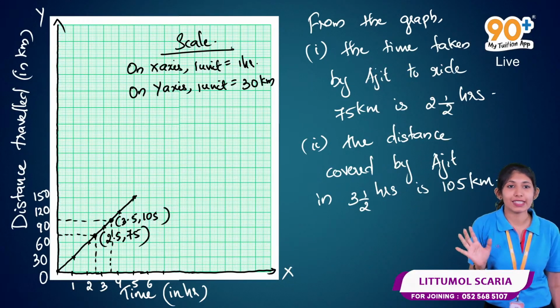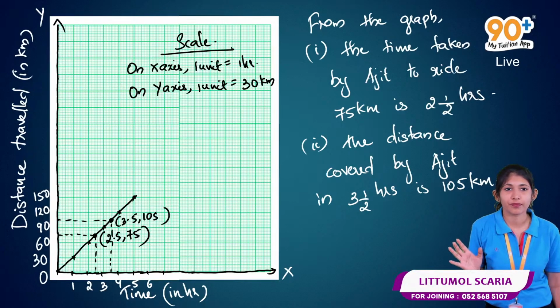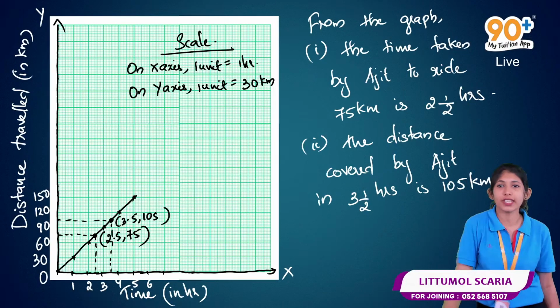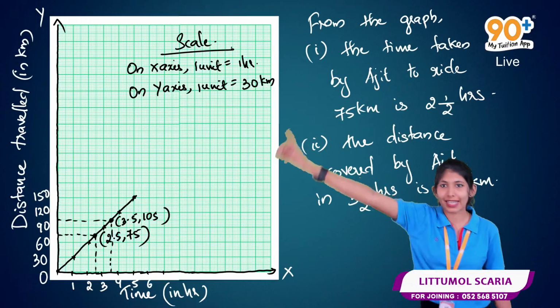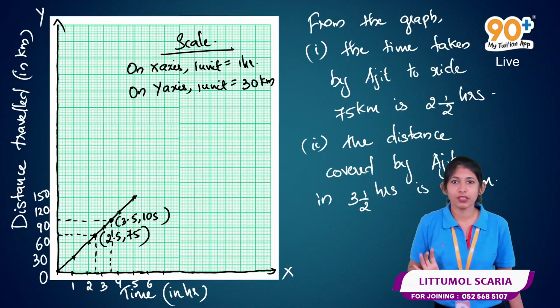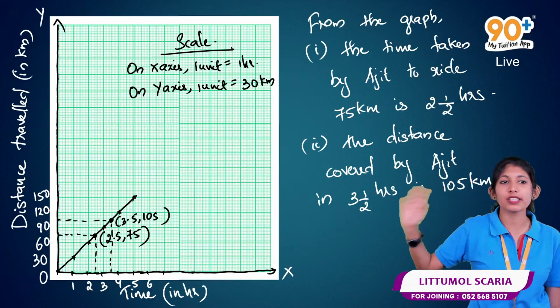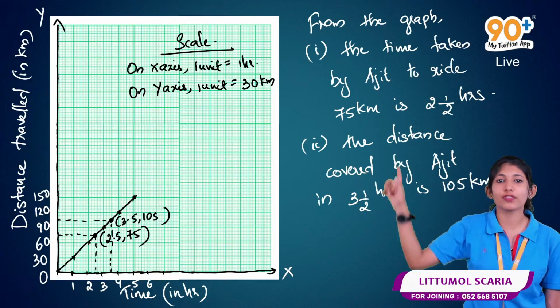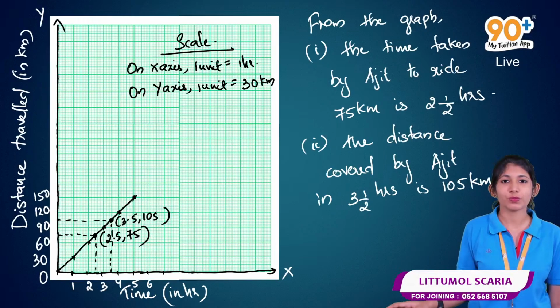Also, write it in words. Yes, scale, yes. So, done with this question. So, what are the things? Values, scale, plotting, marking, then writing. This is how you complete a question based on a graph. Okay? Don't miss any of this. You lose your mark.